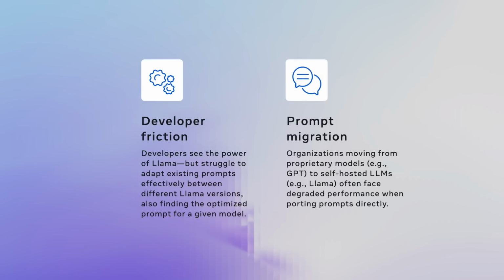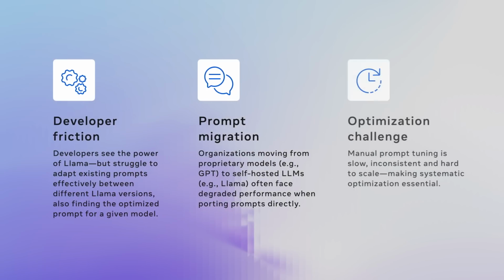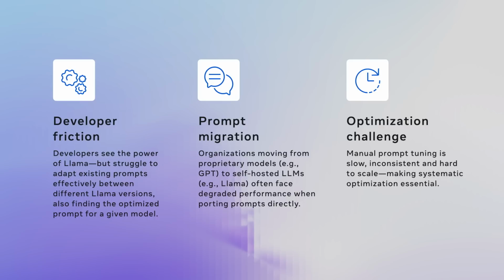Then there is prompt migration. Organizations are moving from closed source models and they are often experiencing degraded performance when they copy prompts directly. What worked on a closed source model does not exactly translate well into a Llama model. Finally, we all know, prompt optimization is hard.